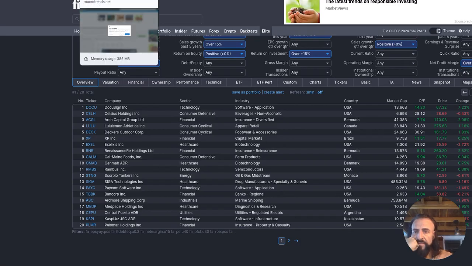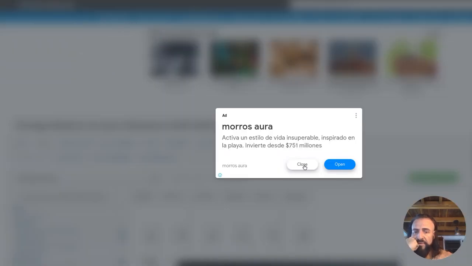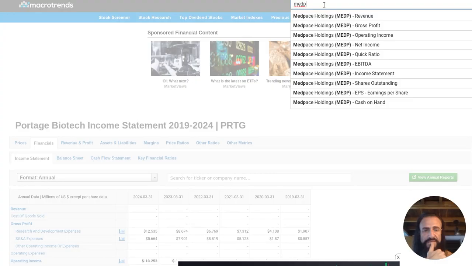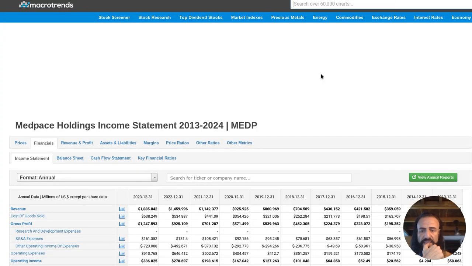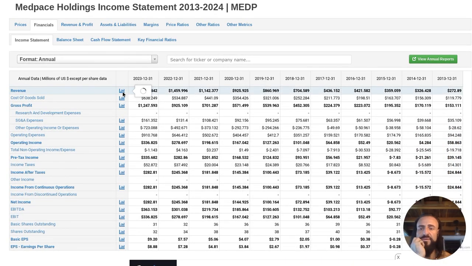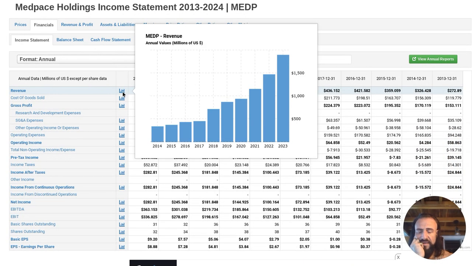What I usually do, I'm going to macro trends, and I study the company a little bit more in detail. I look at the income statement. Now those are revenues, and it's a nicely growing revenue.